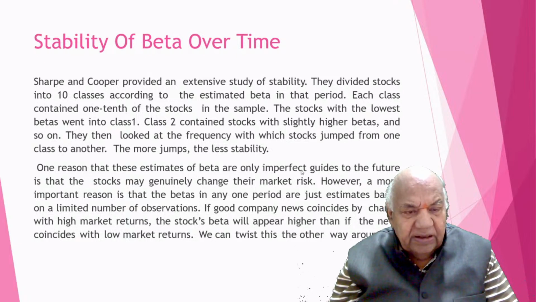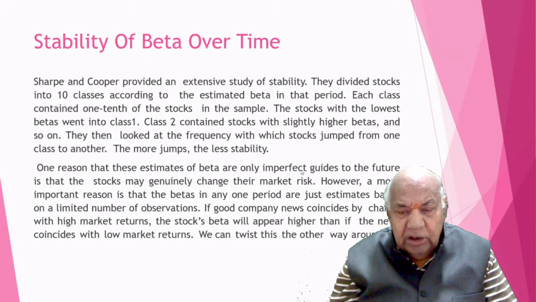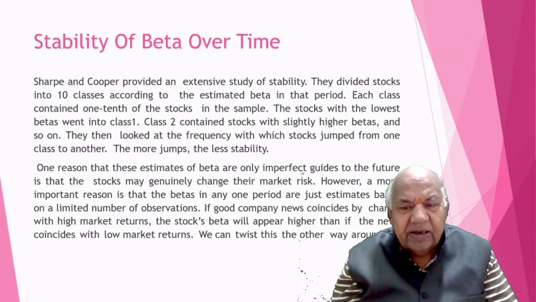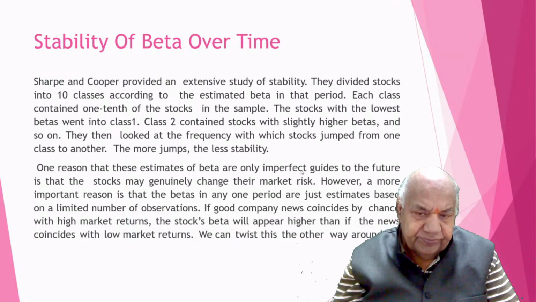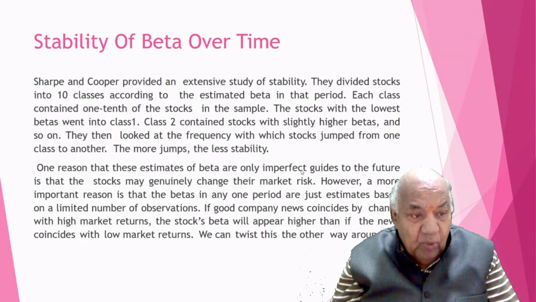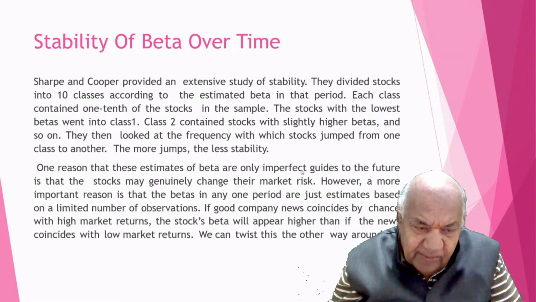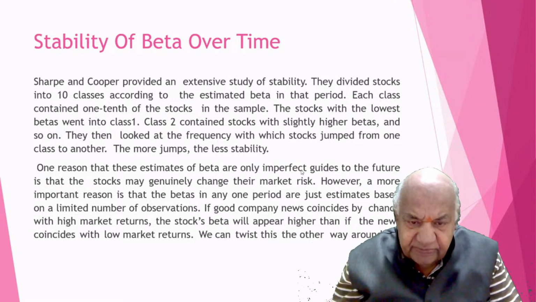One reason that these estimates of beta are only imperfect guides to the future is that the stocks may genuinely change their market risk. However, a more important reason is that the betas in any one period are just estimates based on a limited number of observations.